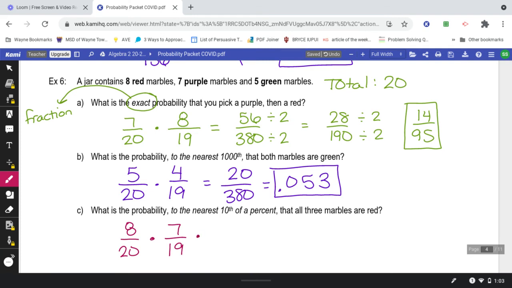And at that point, you've picked 2 marbles, which means now you're down to 6 red marbles and only 18 marbles total. Multiply all the numbers in the numerators, all the way across, and all the way across the denominator, multiplying.